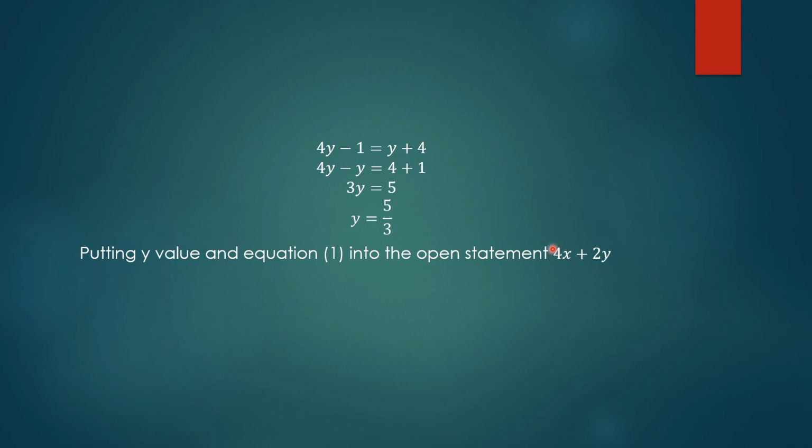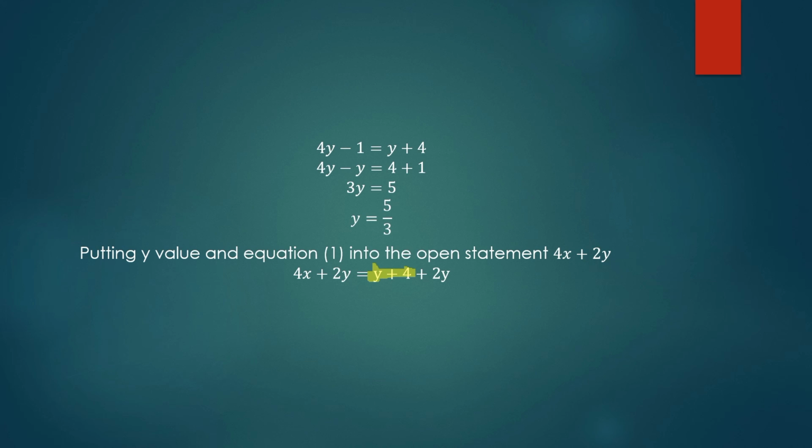So in place of the 4x, I will put y plus 4, and in place of the y, I will put 5 on 3. So we have the 4x here, which has been replaced by y plus 4. Then the 2y is still there, we maintain that.